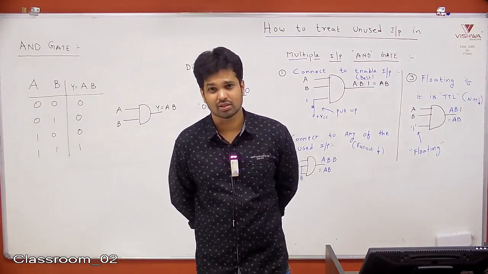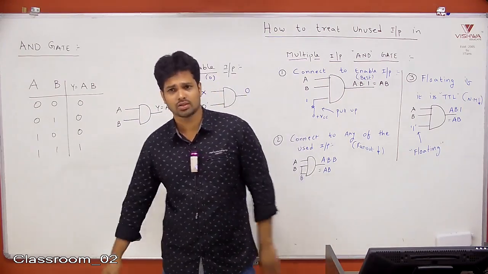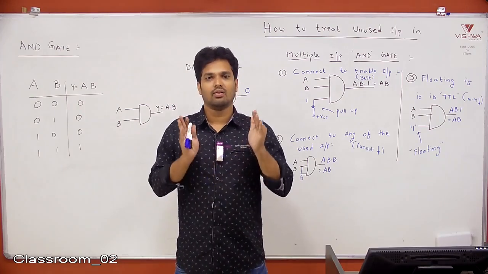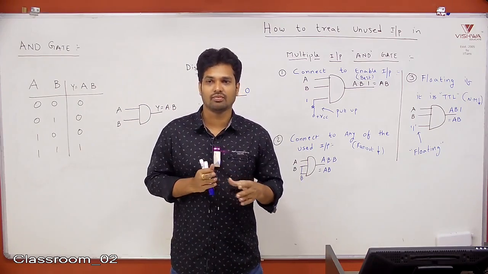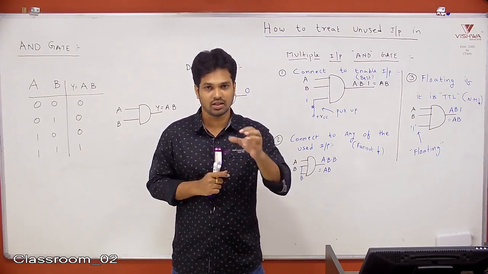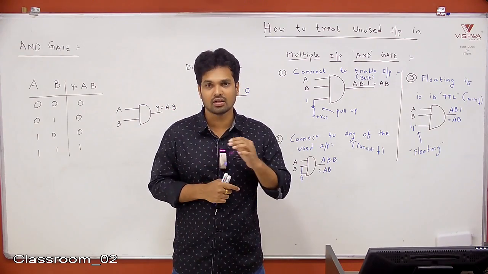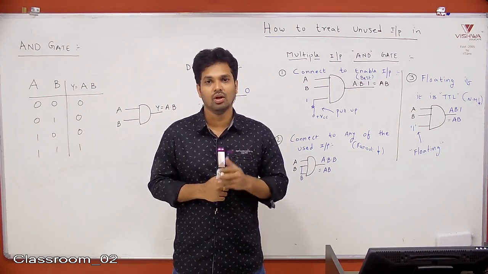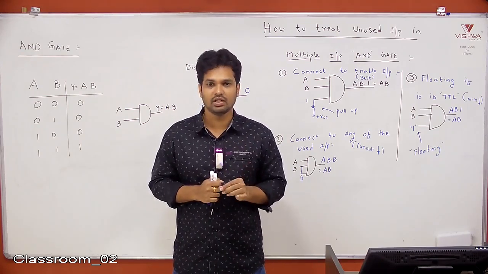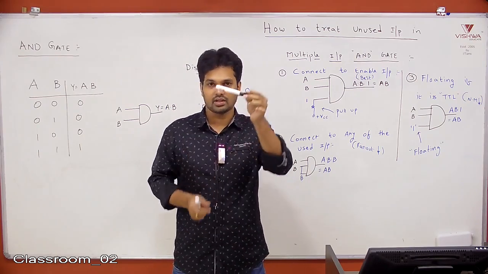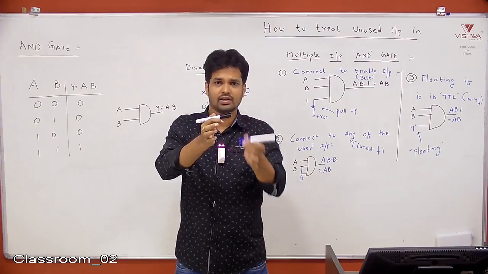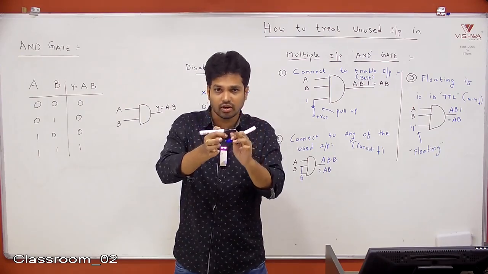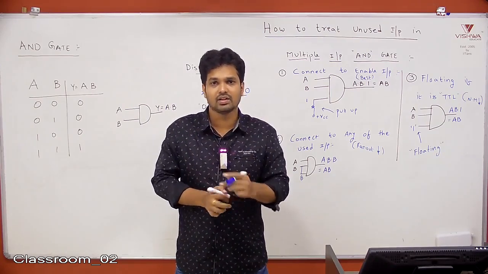You may have the doubt, sir, what is this fan out, what is this noise margin and all. When we discuss the logic families, we'll see how to derive fan out, noise margin and all. But here, to understand the concept, I'm giving you what is fan out. Fan out meaning is, say you have a gate. At the output of the gate, you are connecting other gates. So at the output of one gate, how many other gates can you connect?